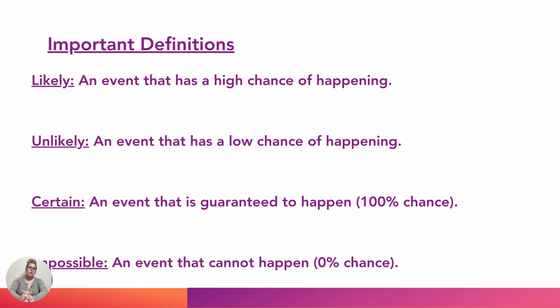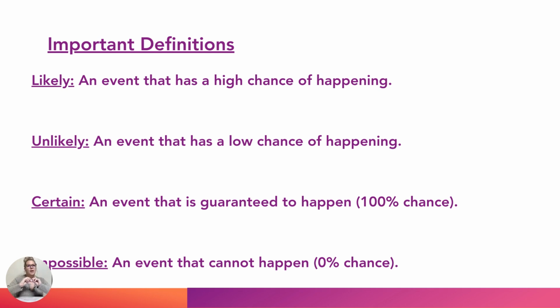And now let's talk about an unlikely event, an event that has a very, very low chance of happening. So let's say if we roll one dice, we have 6 outcomes. But if we add 2 dice, 6 times 6 is 36. So now we have 36 outcomes.